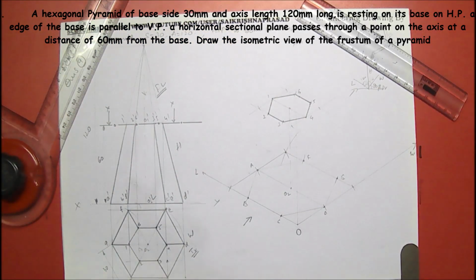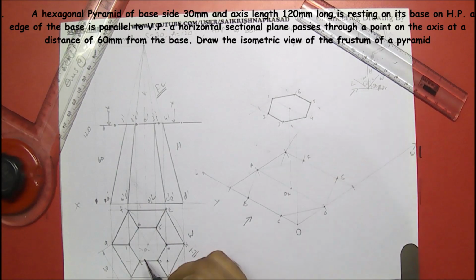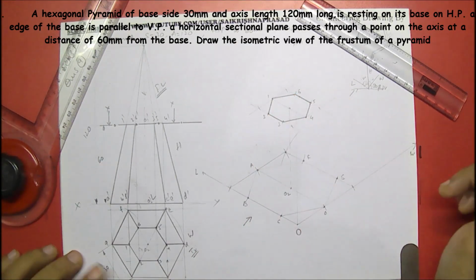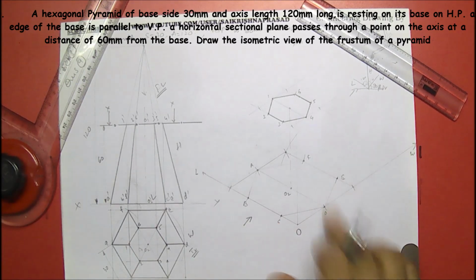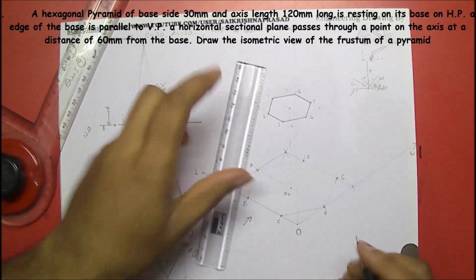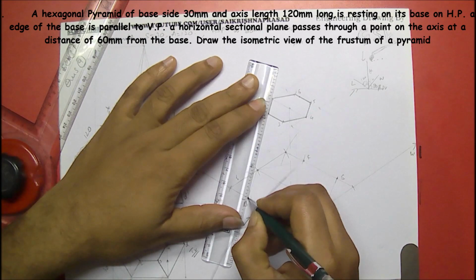Next, looking in this direction, I can see this 2 and B fully visible, right? In this direction, I can see 2 and B fully visible, but I can't see the 1 and A fully visible. Next, in this direction, I can see C, D, and E also, but I can't see A and F. So for this purpose, I'll be drawing the outlines first, then I'll go for inlines.